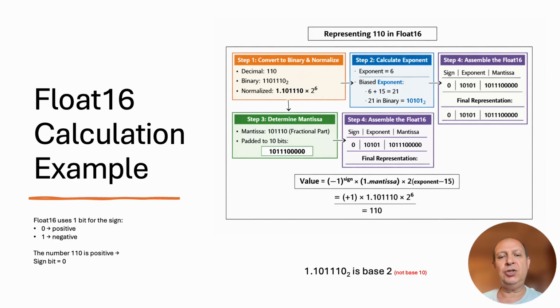So the normalization form becomes 1.101110. And we multiply it by 2 to the power 6 because we have 6 binary digits in the fraction side of the number, 2 to the power 6.